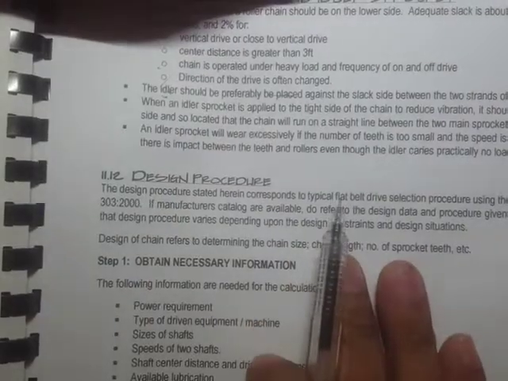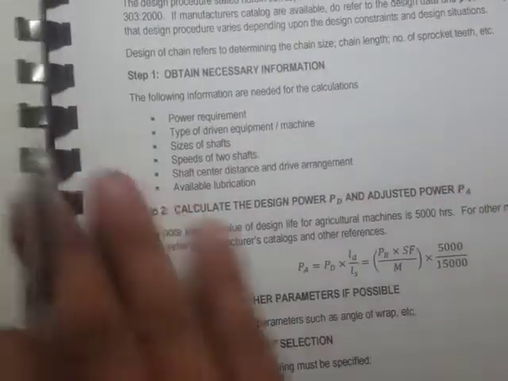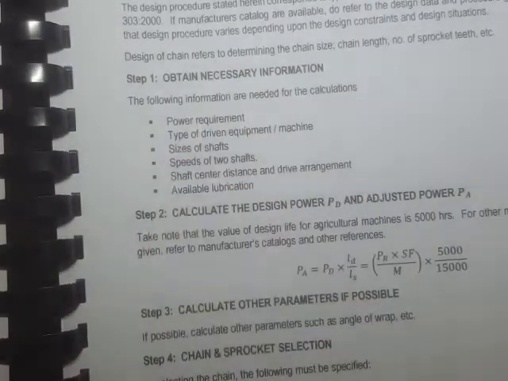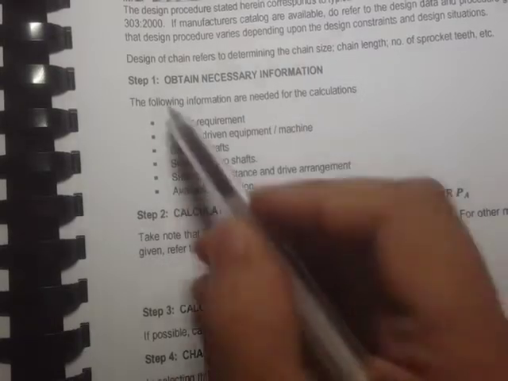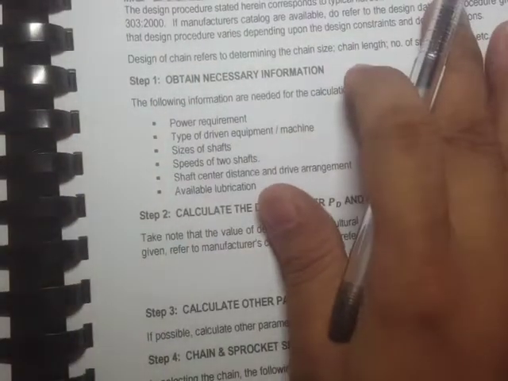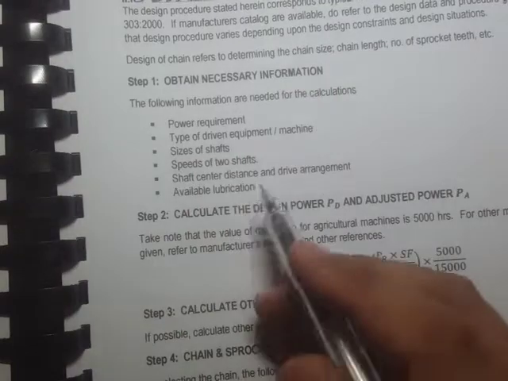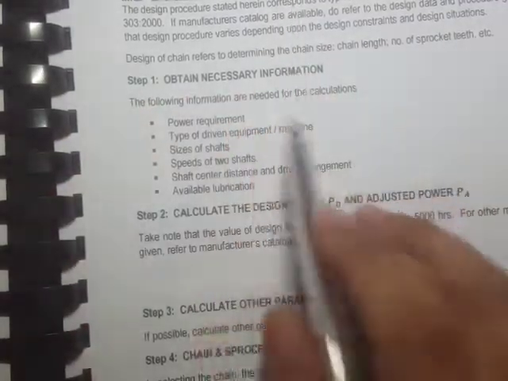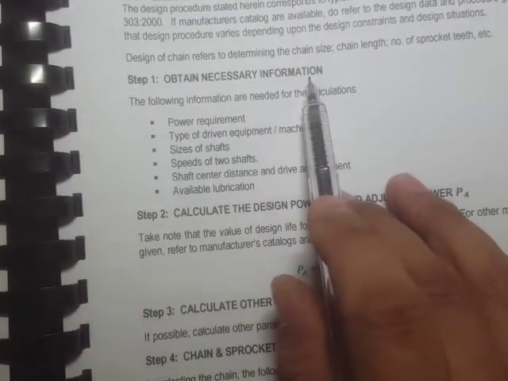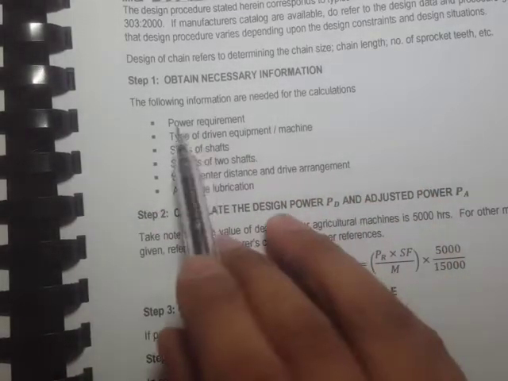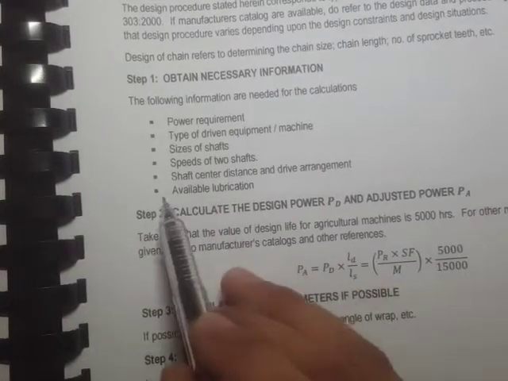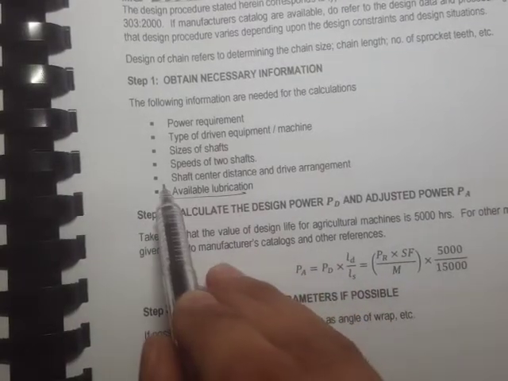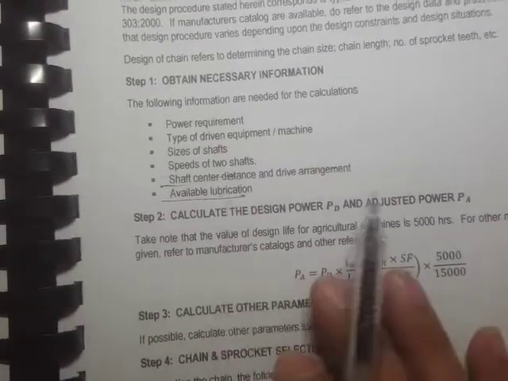Okay, now for the design procedure. Again, as I've always said, this design procedure is not absolute, because it depends upon the design situations, the requirements, or the constraints. Usually what we do in our homework is we first obtain the necessary information, like the power requirement, the type of driven equipment or the loads, the lubrication, the shaft center distance, and speeds between two shafts.